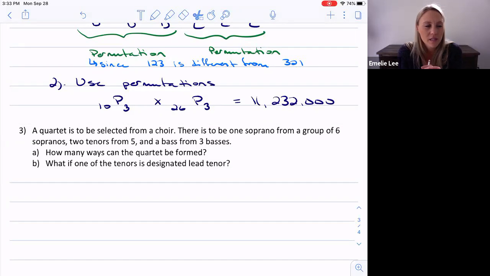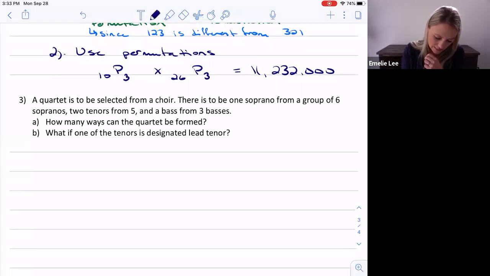So the next example, you've got a choir and there are 6 sopranos, 5 tenors, and 3 basses, and you're gonna select 1 soprano, 2 tenors, and 1 bass. Right? And so how many ways can this quartet be formed? Well, let's see.